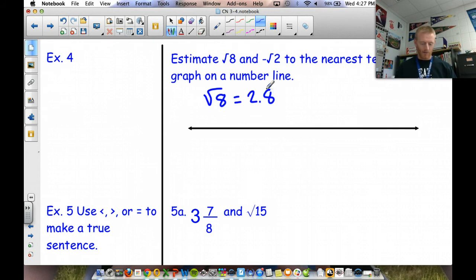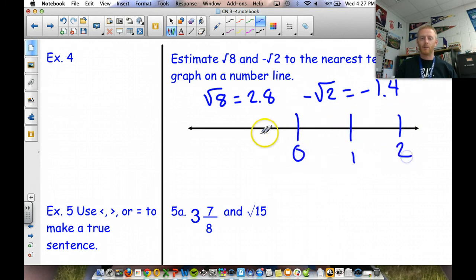And the square root of negative 2 is 1.4. A negative 1.4. So if I were to put this on a number line, here's 0, here's 1, here's 2, here's negative 1, negative 2, negative 3.